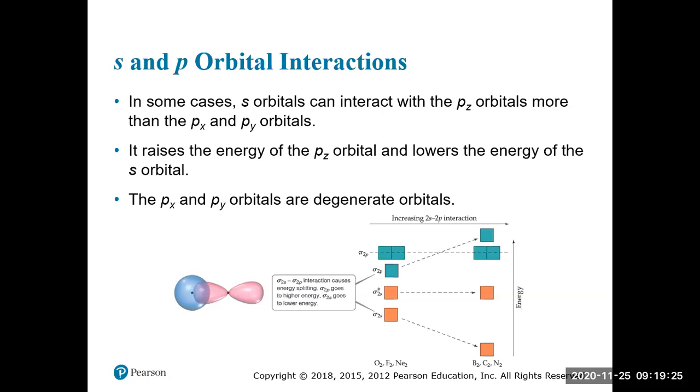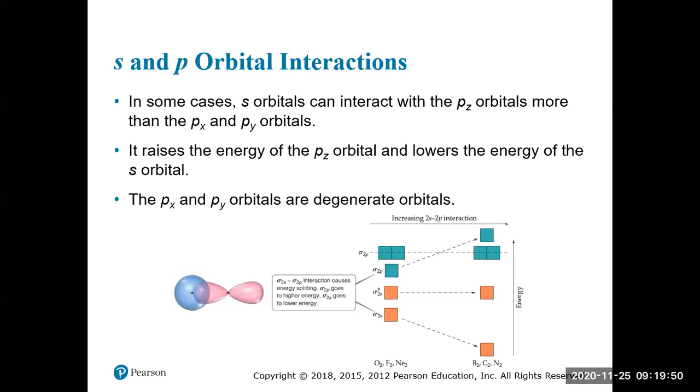And we see then the overlap portion of it. From an energy perspective, we would have sigma 2s, sigma 2s star, and then the pi bonds and the sigma 2p.